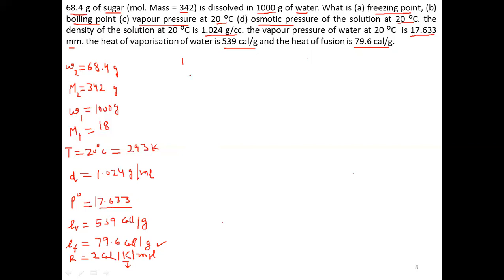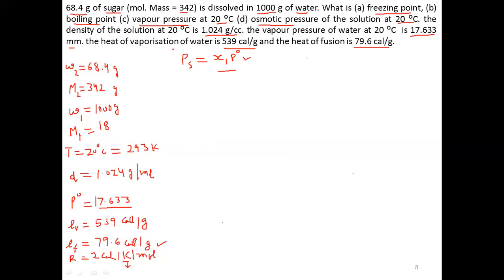17.633. Now if we apply Raoult's law, as the solute is non-volatile, because sugar is non-volatile, vapor pressure of solution will be equal to mole fraction of the solvent in the solution multiplied by vapor pressure of solvent in the pure state, because the vapor pressure due to solute will be zero.